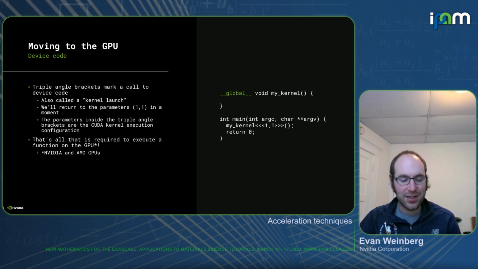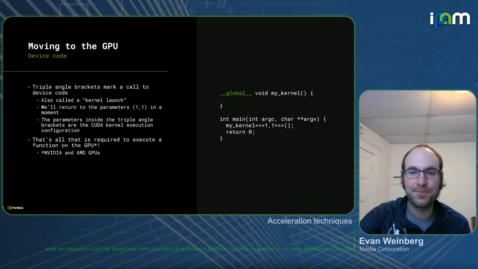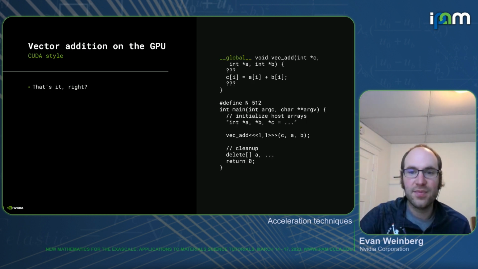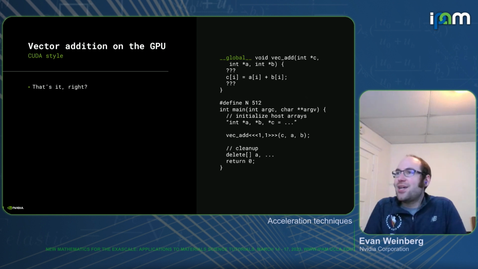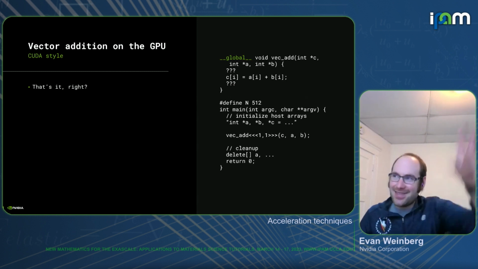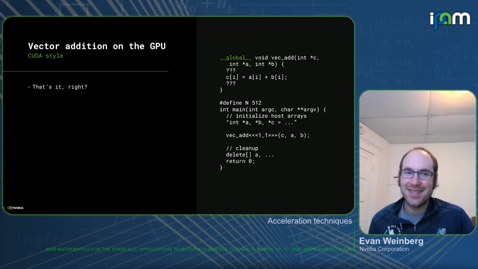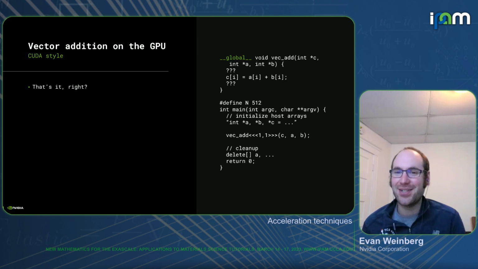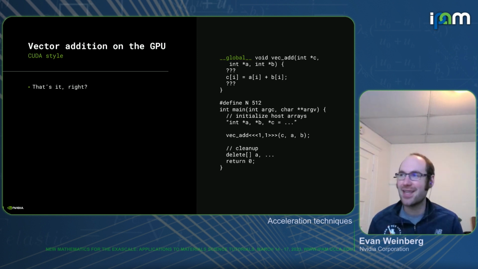Other vendors, other approaches, your mileage may vary. Cool. All right, so I want to run that on the GPU. So all I do is I stick addition in some global function called vec add, and I call it, and it does a sum, right? It's that easy.